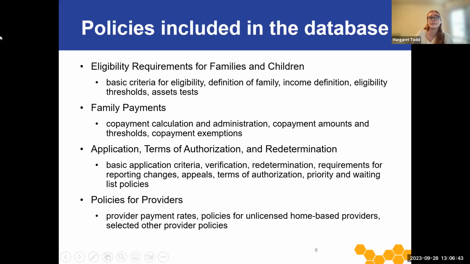The database also includes detailed information about basic application and verification requirements, requirements for redetermination and reporting changes, and priority and waiting list policies. Finally, the database includes various provider policies, including the detailed provider payment rates, policies for unlicensed home-based providers, and CCDF policies for all providers receiving subsidies.